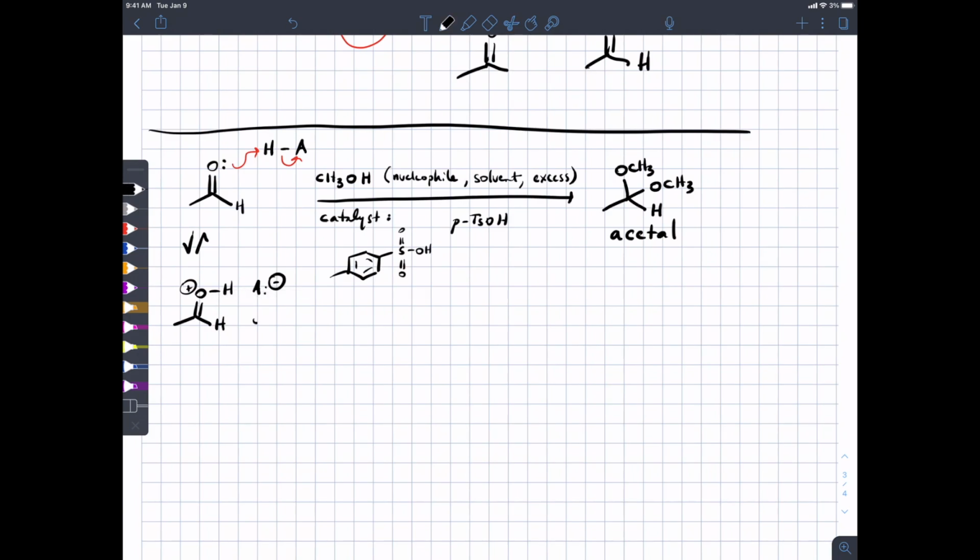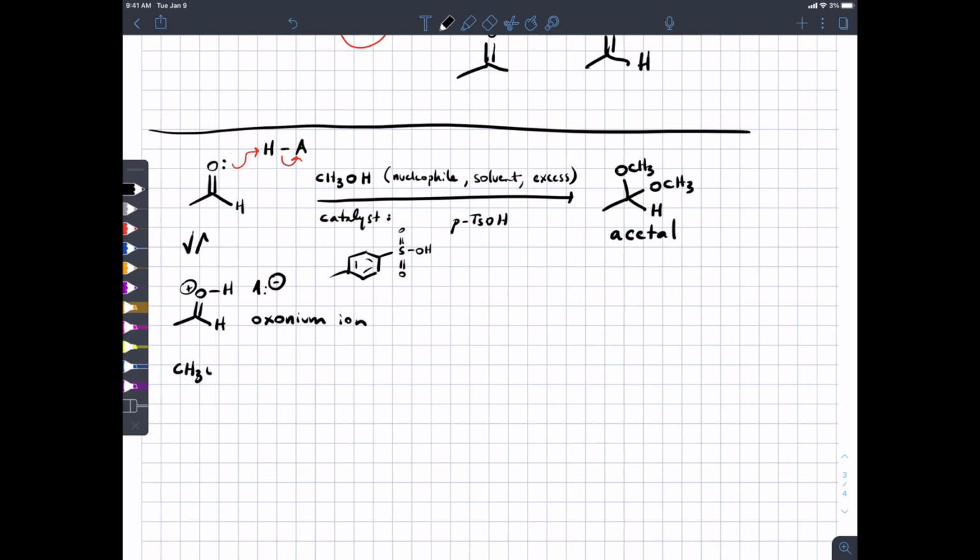I will point out that each of the steps I'm going to show you are equilibria steps for this acetal formation. So we'll talk about something you can do a little bit to promote formation of the acetal product versus the starting material. But it's also useful to recognize at this stage that we could go backward simply by having the conjugate base of our acid remove the proton from the oxonium ion.